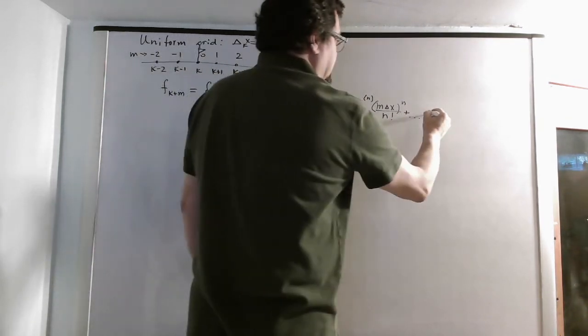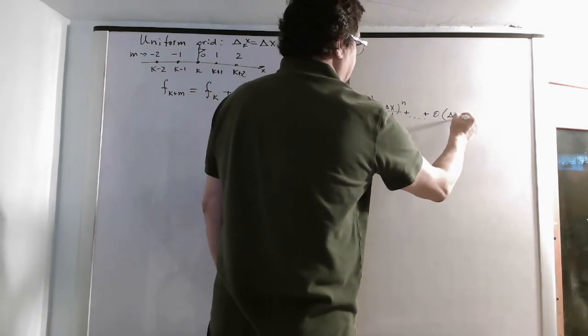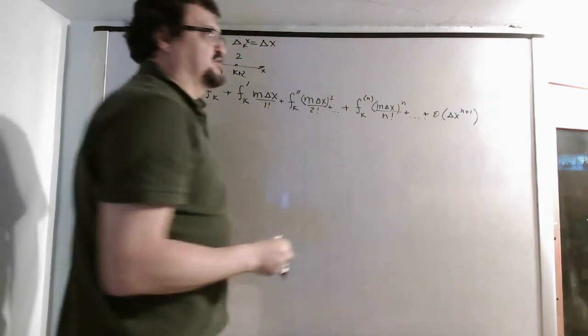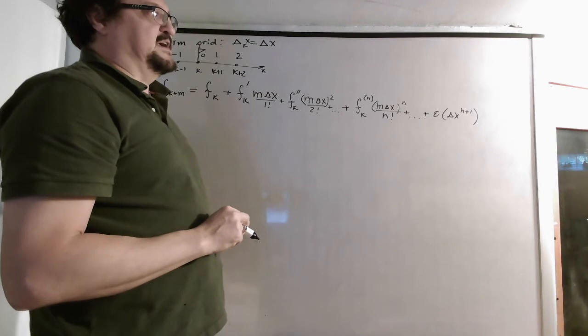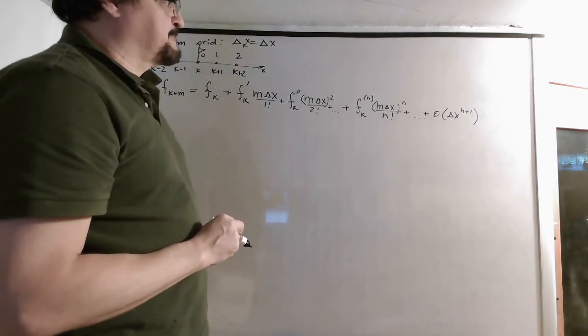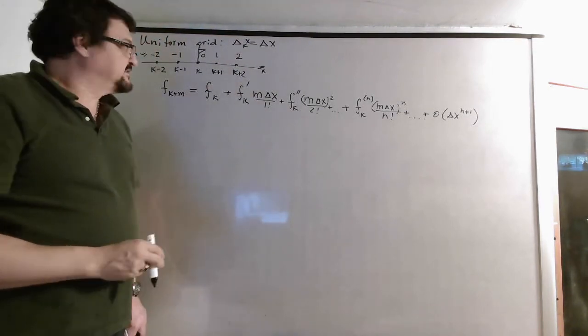So plus some o of delta x to the power of n plus 1. These are all other terms of this truncation, delta x n plus 1 and smaller terms. So this is our general Taylor series statement in this case.